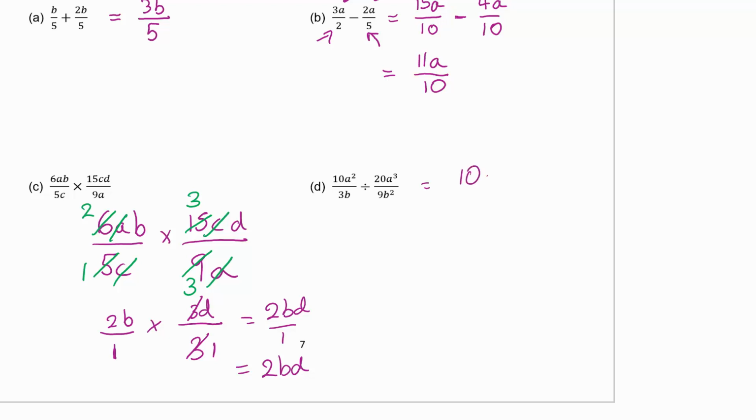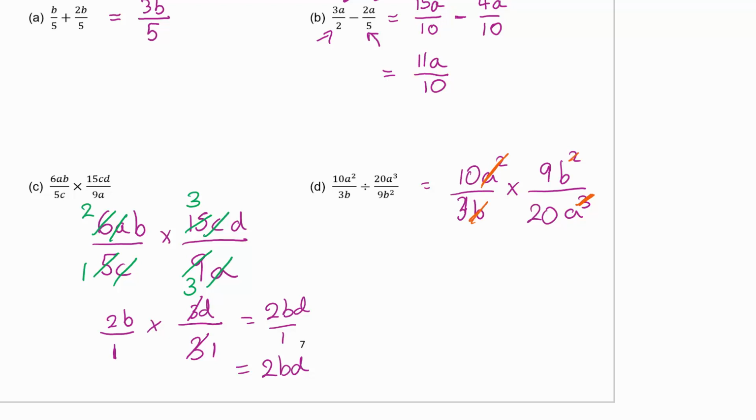Now with this one, we're doing a bit of division. So the first thing I'm going to do, apart from writing it a bit bigger, is I'm going to flip the second fraction. Now, a squared can go with 2 of the a's on the bottom.